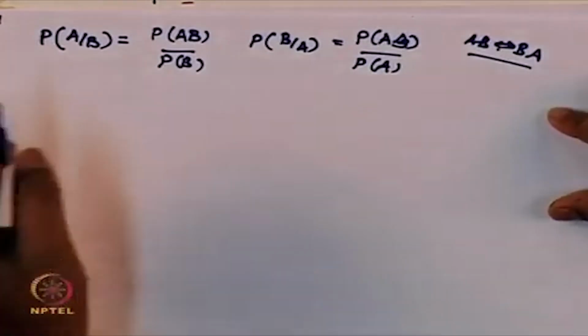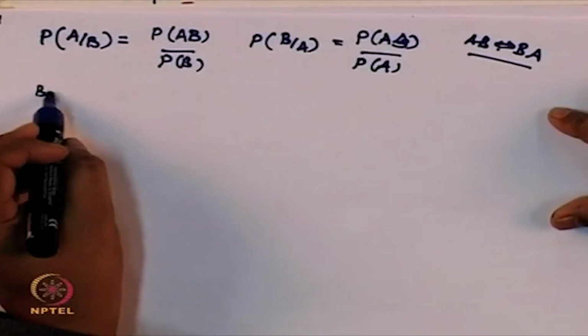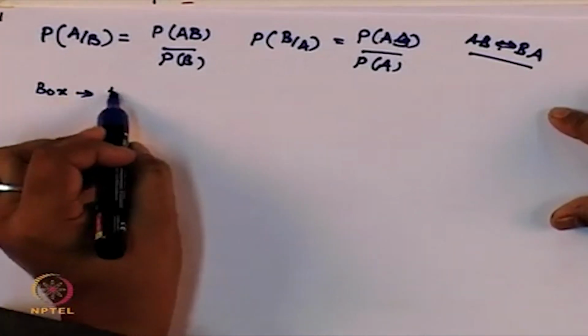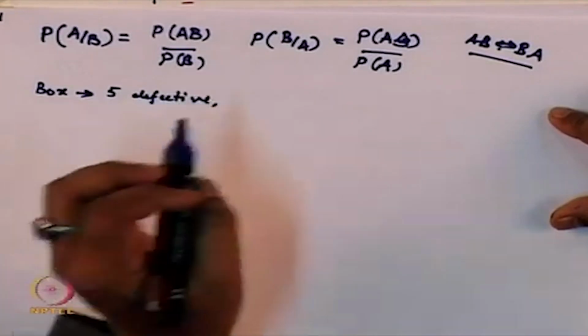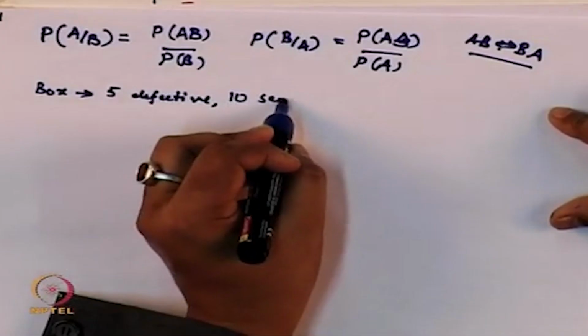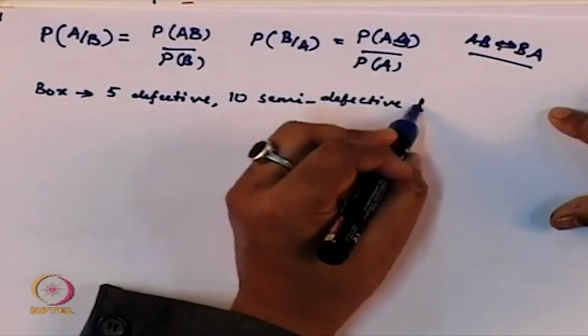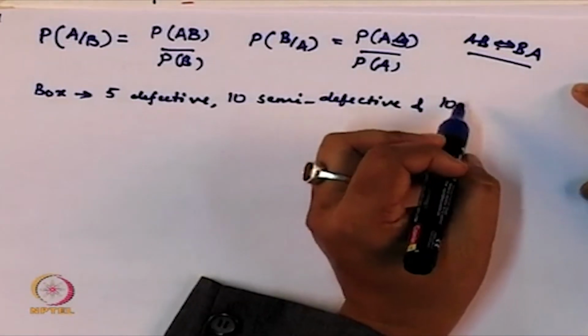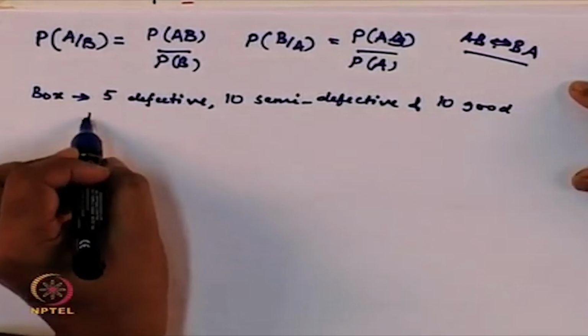Imagine you have a box which has 5 defective, 10 semi defective and 10 good pencils.